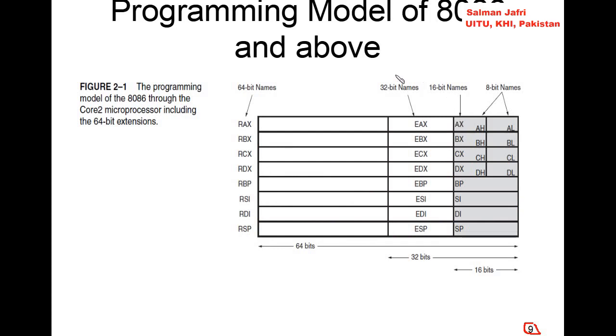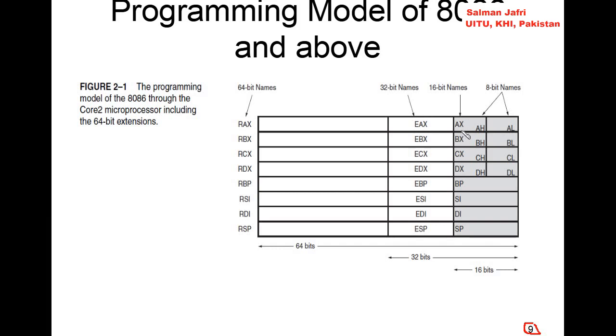Let's now look at the programming model of the 8086 and above processors, right? As far as the 8086 is concerned, we have the 16-bit architecture. So we have the general purpose registers AX, BX, CX, DX, the base pointer register, source index, destination index, and stack pointer register. Now when we move on to the 32-bit architecture, we have the enhanced prefix. So EAX is a 32-bit version of AX.